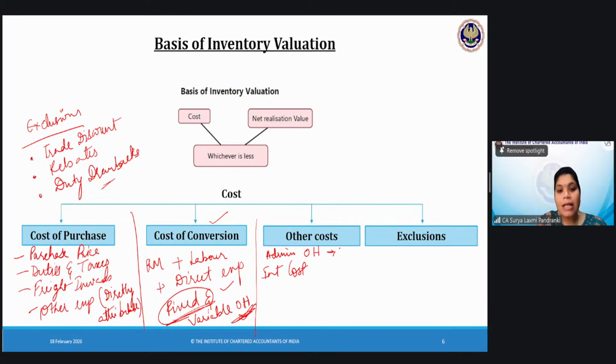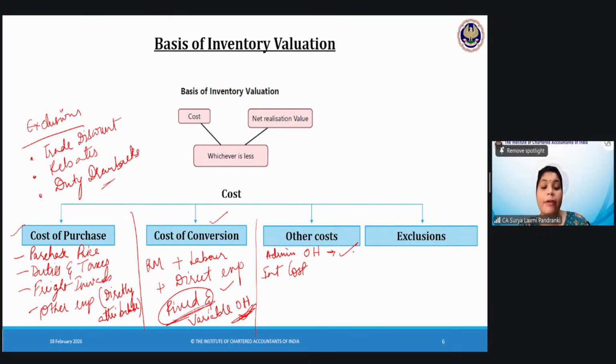It is with an exception that suppose that admin cost or overhead cost is very much needed to bring your product to your location, like I mentioned in this cost of purchase. If you have to bring the product to your location, any admin cost that is needed can be added, right?